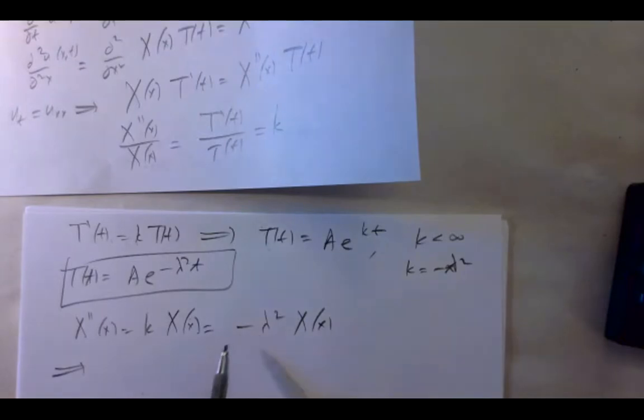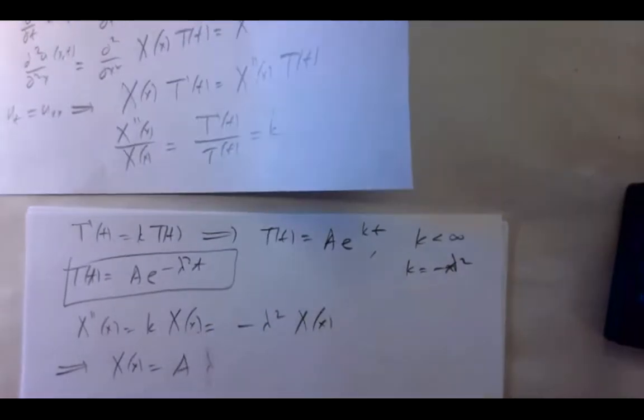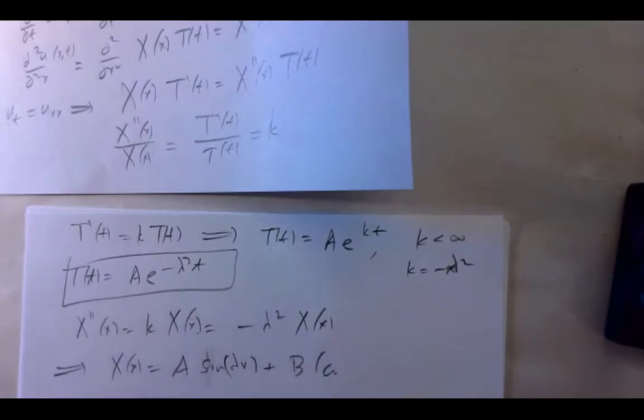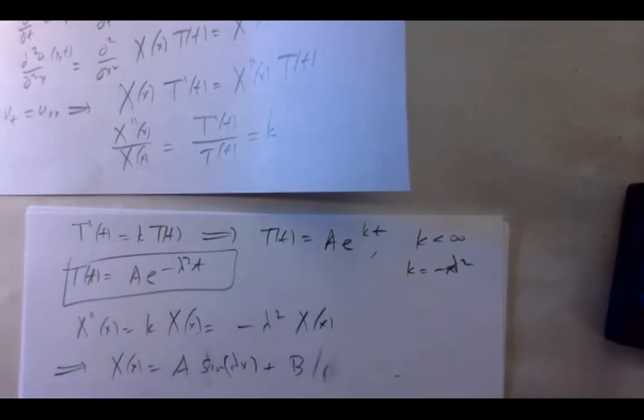So for some numbers A and B, this will be A times the sine of lambda x plus B times the cosine of lambda x.